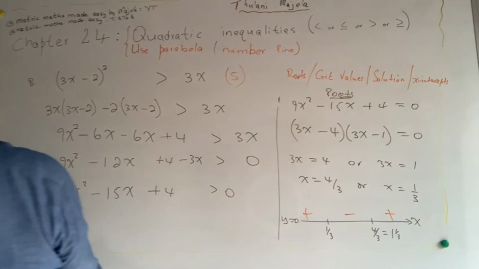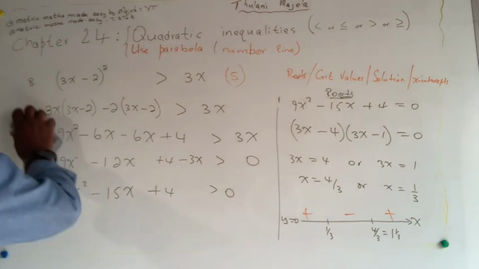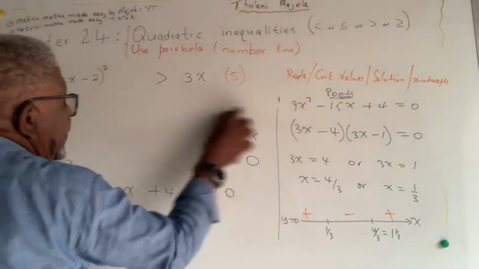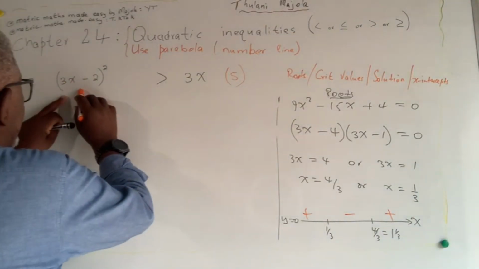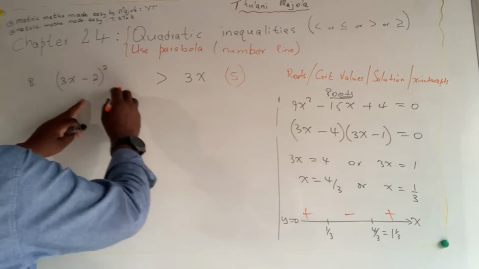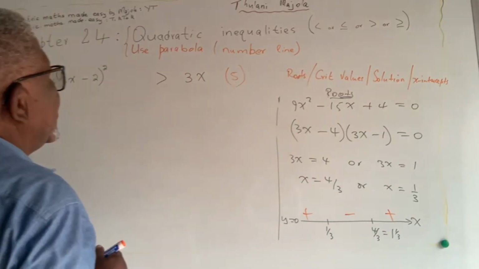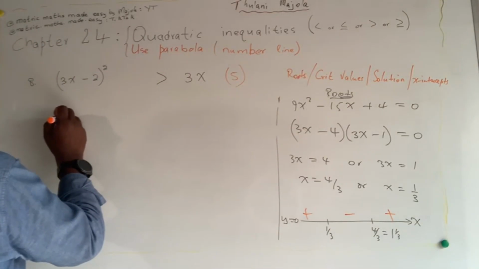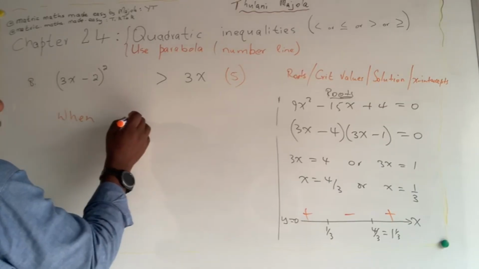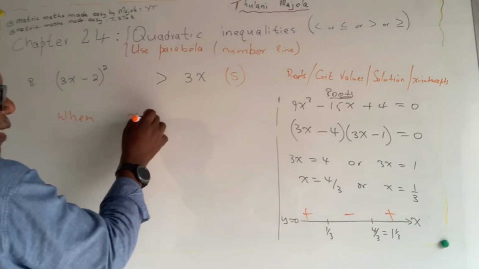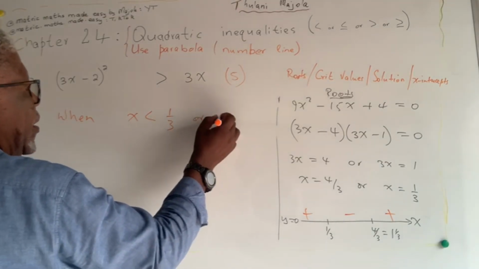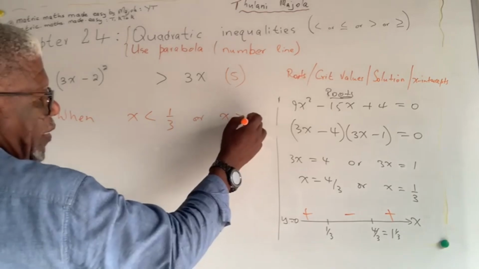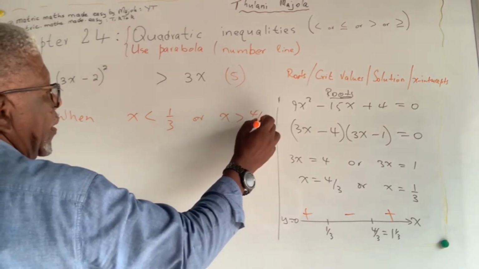The solution is: 3x minus 2 all squared is greater than 3x when x is less than a third, or when x is greater than 4 over 3.